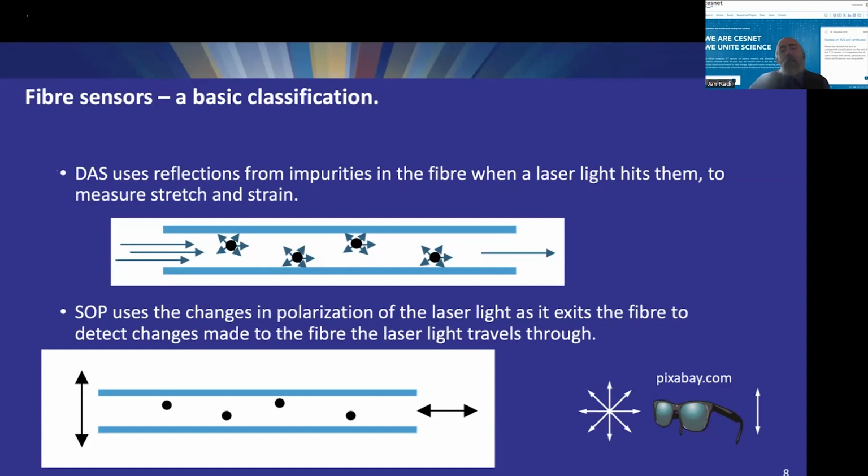And state of polarization uses changes in the polarization of this laser light. On this left-hand side, this arrow is something which we call horizontal polarization, and then we go through the fiber, and on the right-hand side, it's just horizontal polarization.